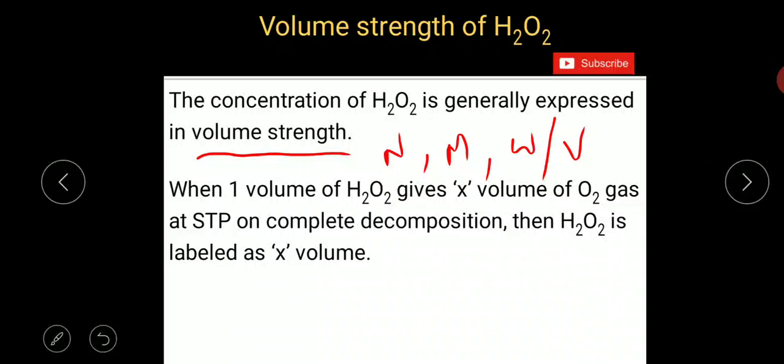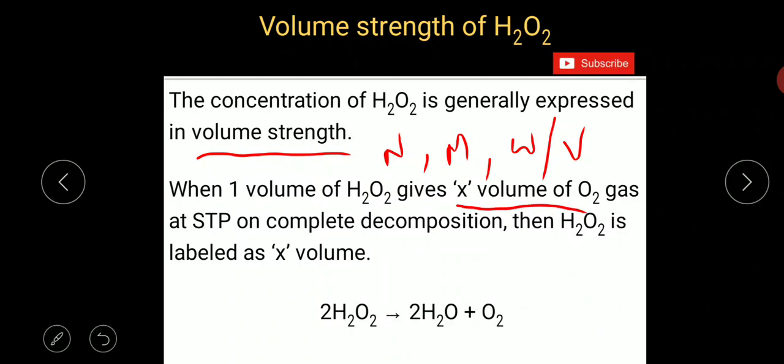When 1 volume of hydrogen peroxide solution gives X volume of oxygen gas at STP on complete decomposition, then hydrogen peroxide solution is labeled as X volume. Hydrogen peroxide decomposes as per this equation.